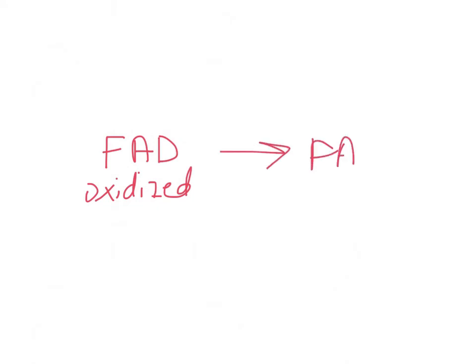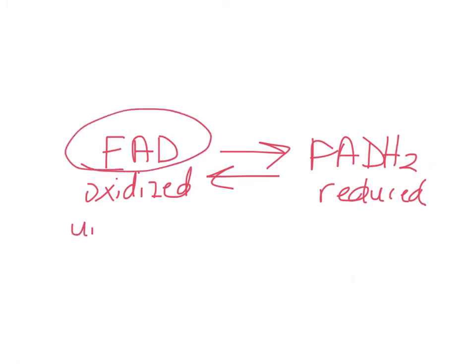It's FAD. This is the oxidized form. And it gets converted to FADH2, which is the reduced form. And you can go backwards with this as well. So the FAD is uncharged.